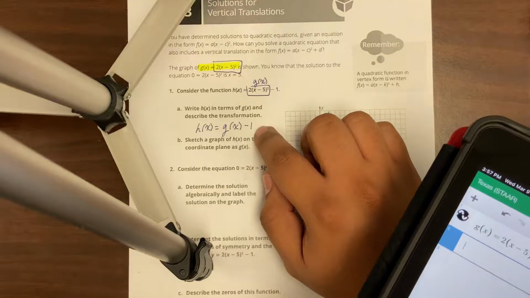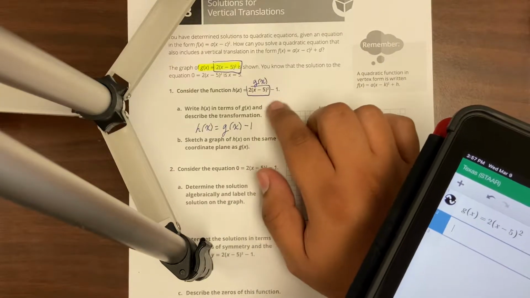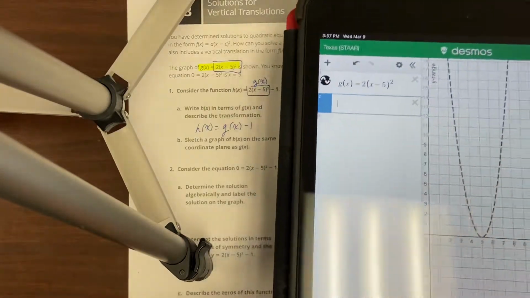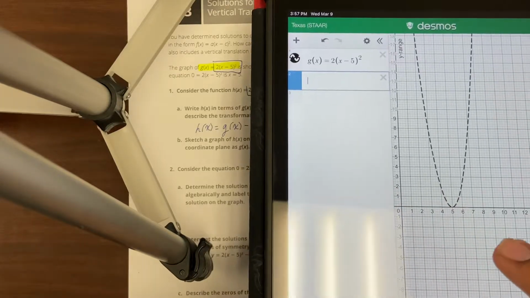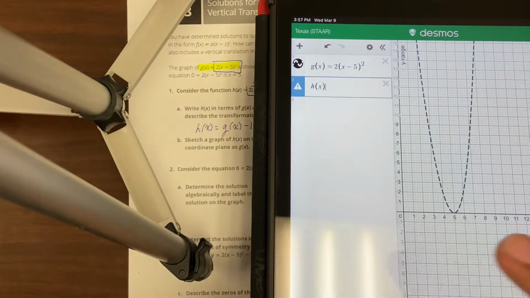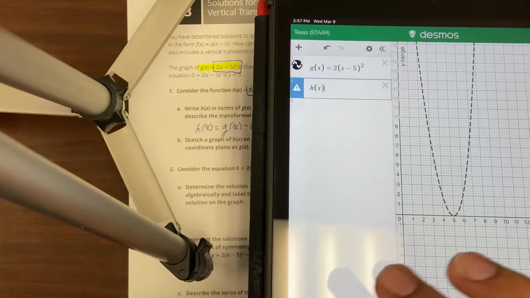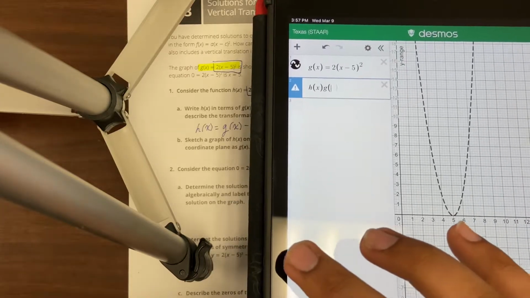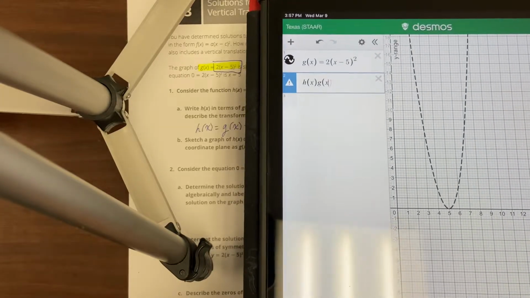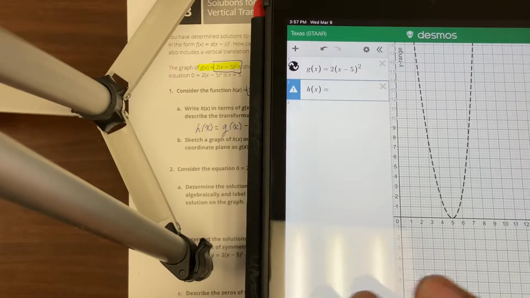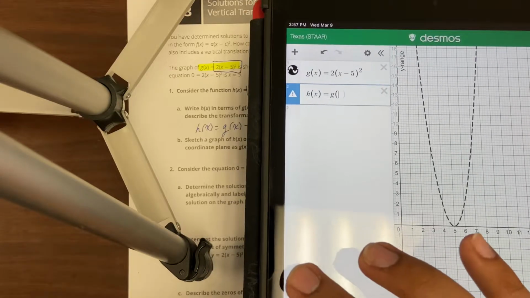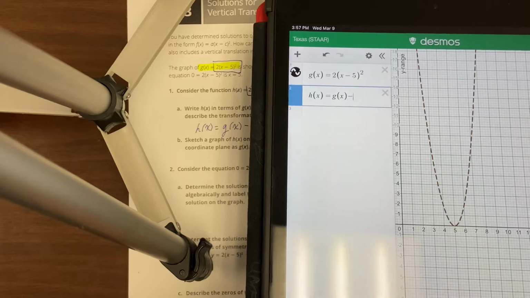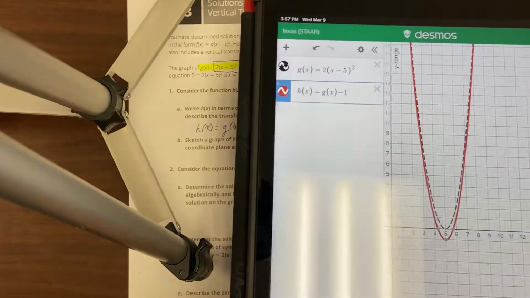Definitely consider both, only because it'll be shown both ways on the STAR test. H parentheses of x equals g parentheses of x. Oops, I forgot the equal sign. -1. And there it is.